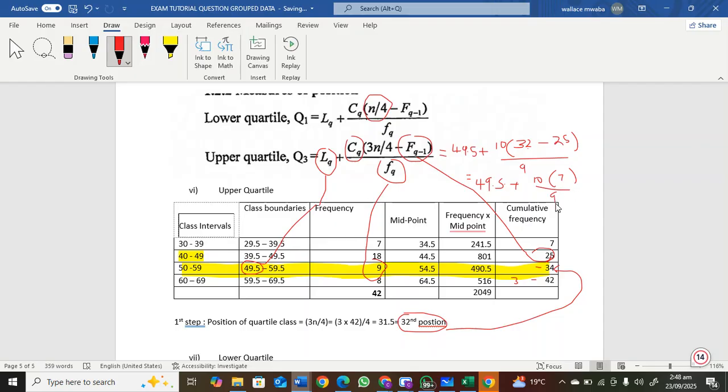So 10 times 7, that is 70. 70 divided by 9, that is 7.7, which can round to 7.8. 7.8 plus 49.5, we get 57.3. That's our upper quartile.